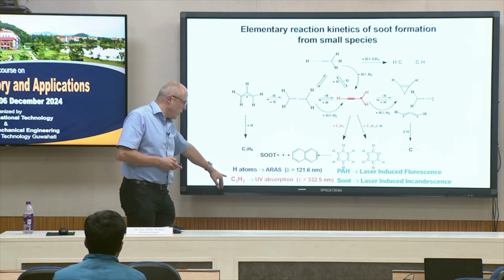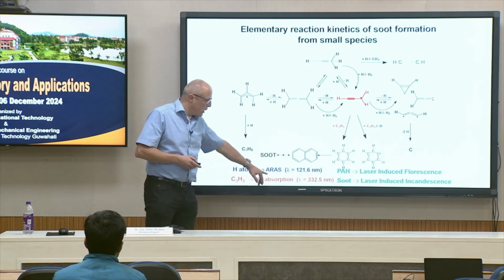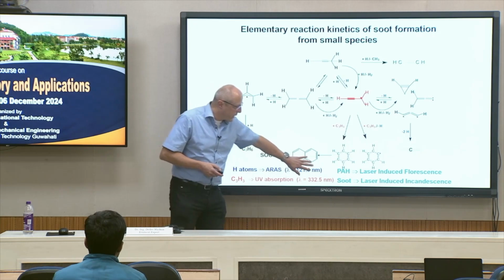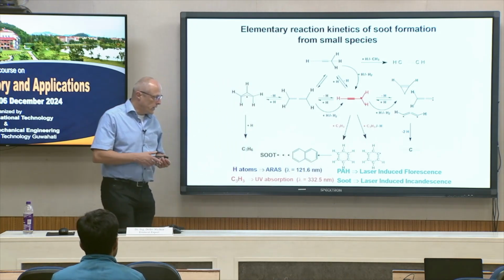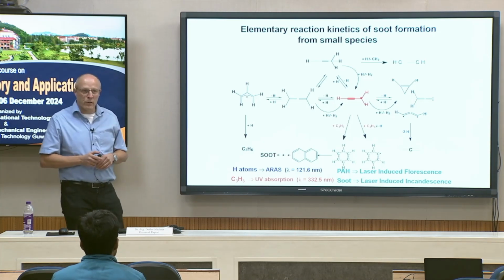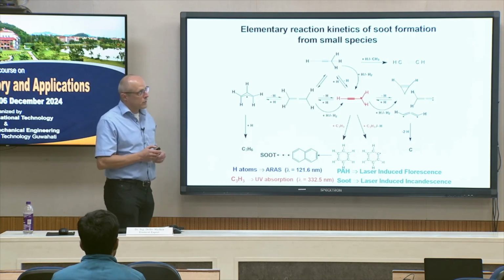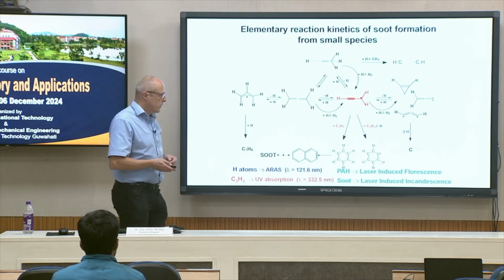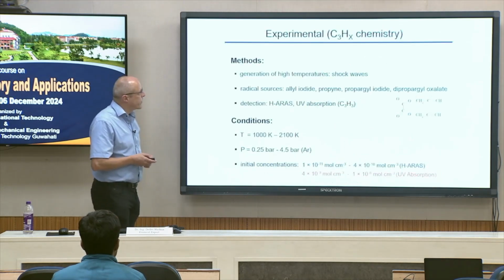We can examine propargyl radicals using UV absorption, and we can use laser-induced fluorescence and laser-induced incandescence to examine the formation of the larger radicals, or larger molecules, PAH, and finally the soot itself.